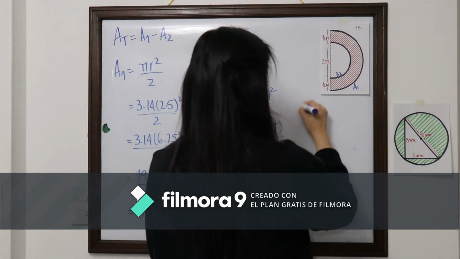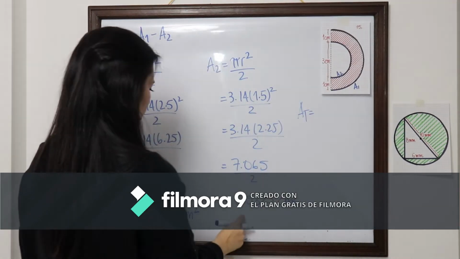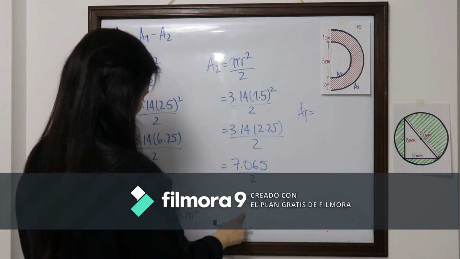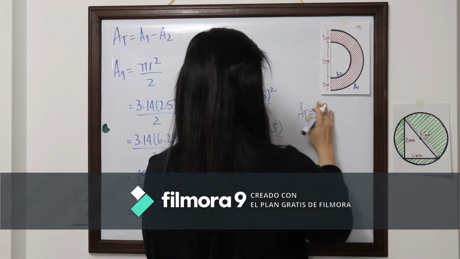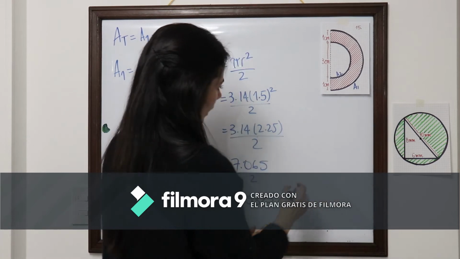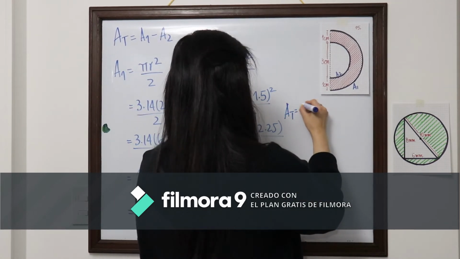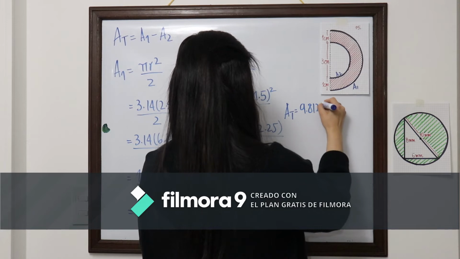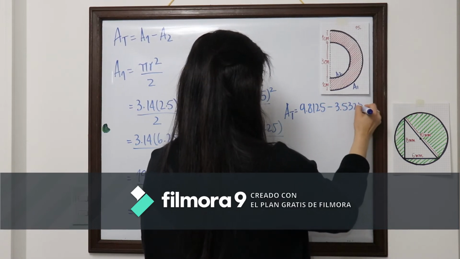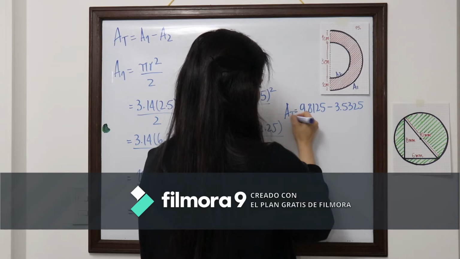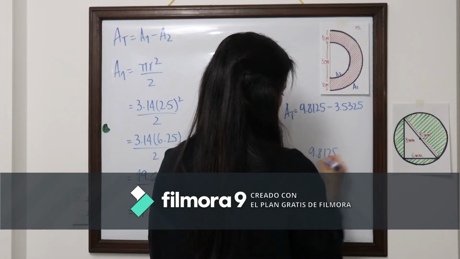Now think about the total area. The total area has to be the subtraction of these two, okay? That's a pretty long expression, so let's hope it fits over here. So it's going to be 9.8125 minus 3.5325, which really is not that difficult to find out, right?